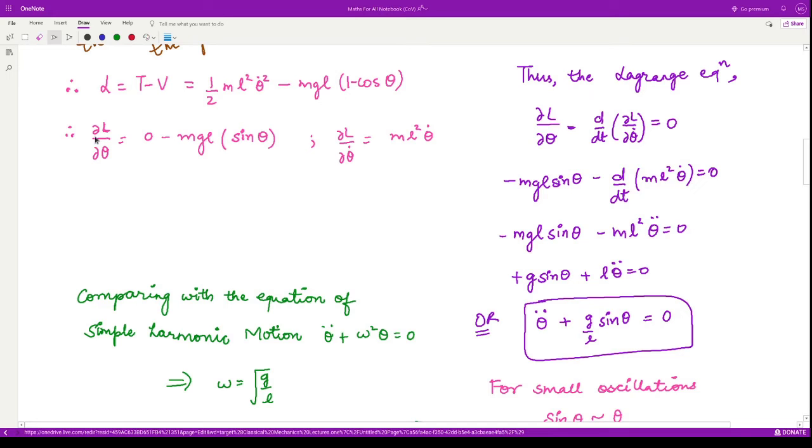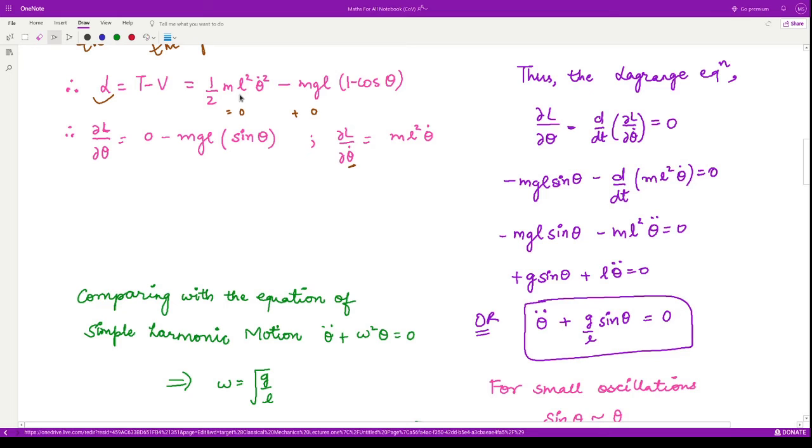We can evaluate del L by del theta. Now taking the partial derivative of this L with respect to theta, the first term would be 0, the second term would be 0 again, and the last term would give us minus mgL sin theta. Similarly, when we calculate del L by del theta dot, we take all the terms containing theta as constant, and we only consider the terms which contain theta dot.